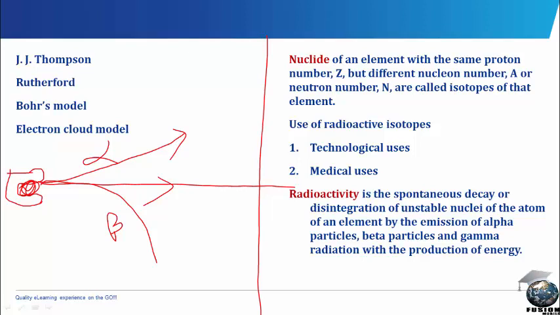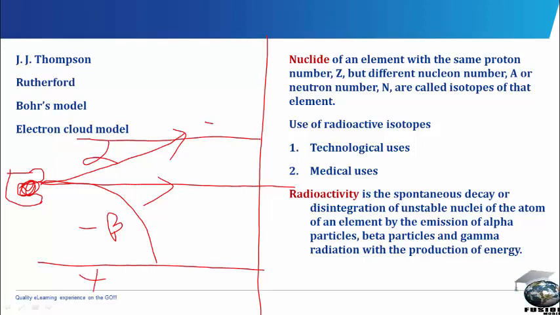The beta will have a very high deflection because it's light and at the same time negatively charged. So it will move over to the positive terminal, while alpha, positively charged, will move to the negative terminal, while gamma, without a charge, cannot be deflected in an electromagnetic field.